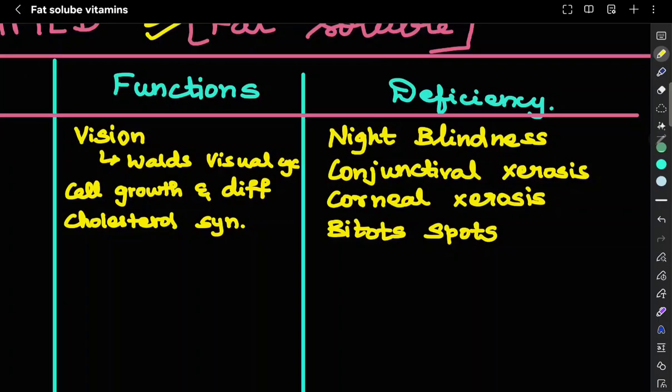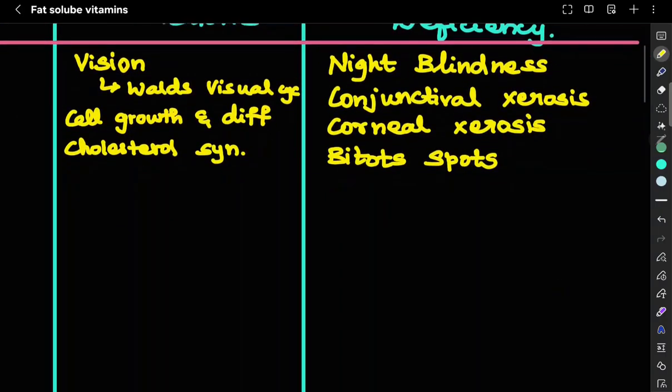And phrenoderma, which means rough skin, and hyperkeratinization. You can also call it toad skin.